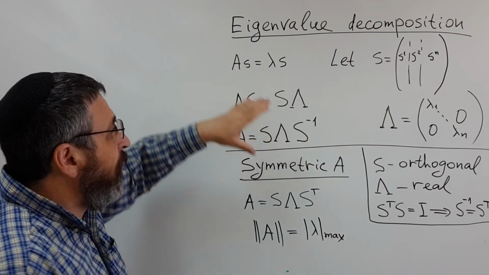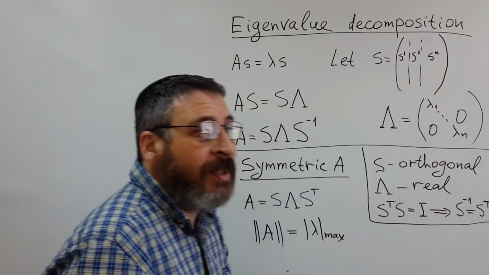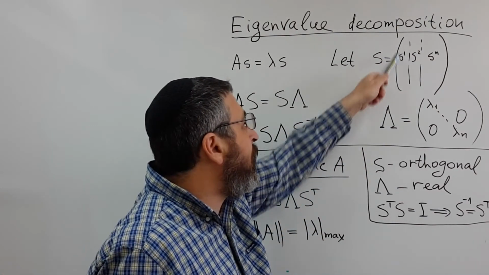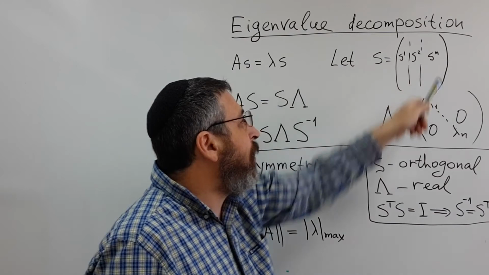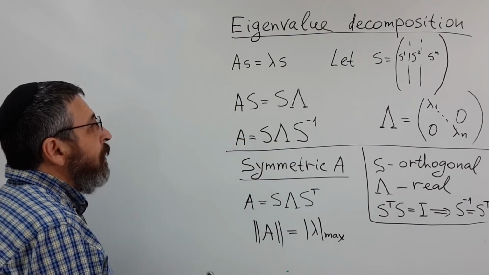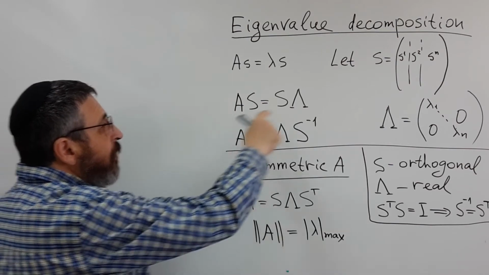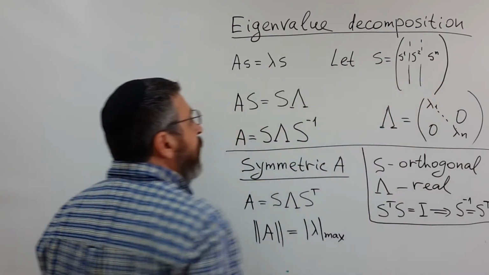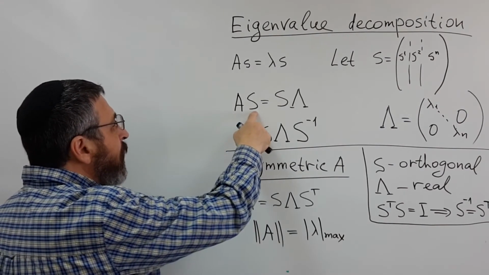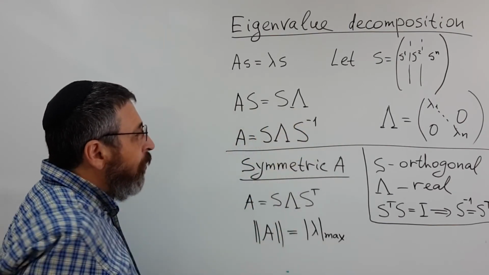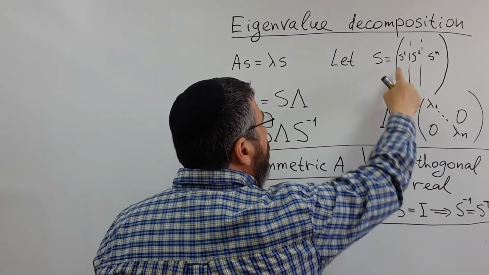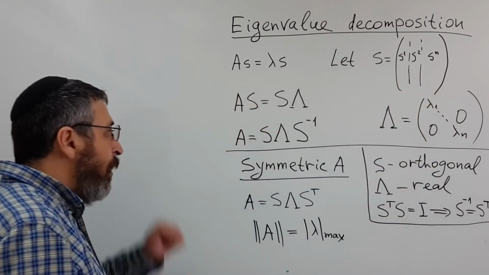Suppose we work in n-dimensional space and assume that our matrix is non-degenerate. It means that it has n linearly independent eigenvectors. We can write in matrix form, if we put all eigenvectors into a matrix, AS is equal to S lambda, where lambda is the diagonal matrix of eigenvalues which correspond to those eigenvectors.